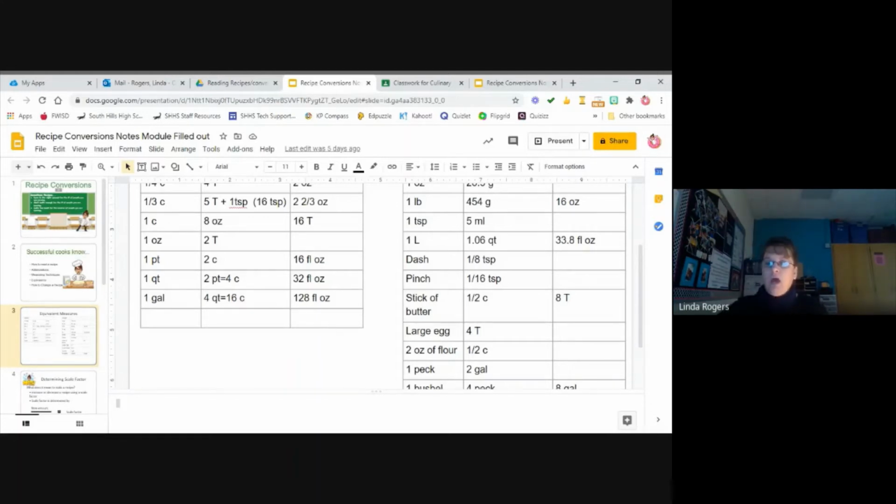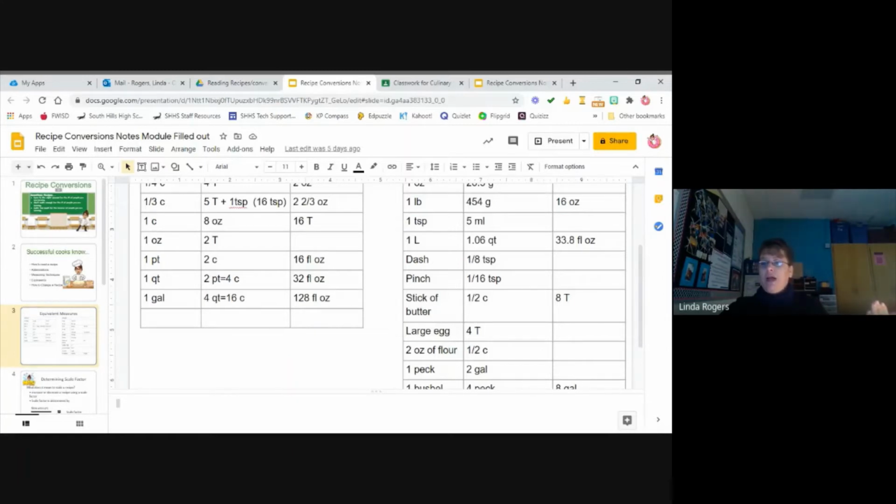Okay. 2 ounces of flour is a half a cup. Remember, flour weighs differently, it's lighter than other items. So flour, powdered sugar, those are a lot lighter. So you're going to have more quantity of flour or powdered sugar than you would with regular sugar.